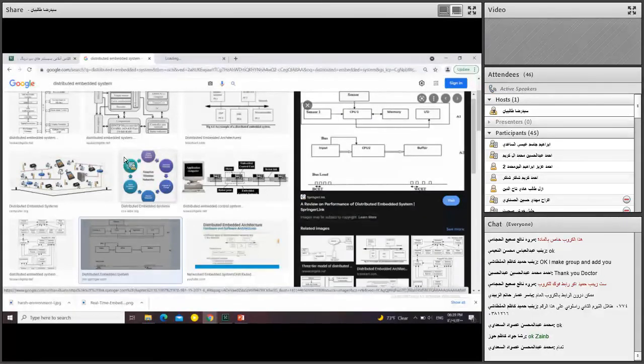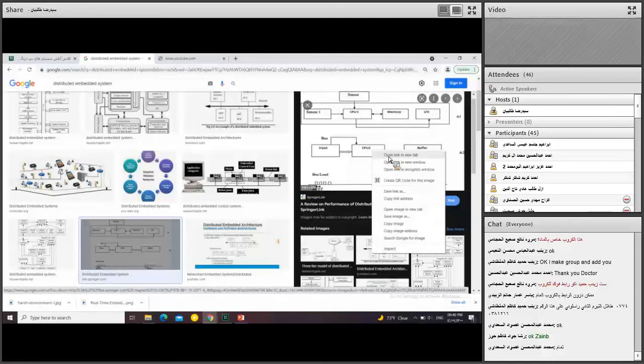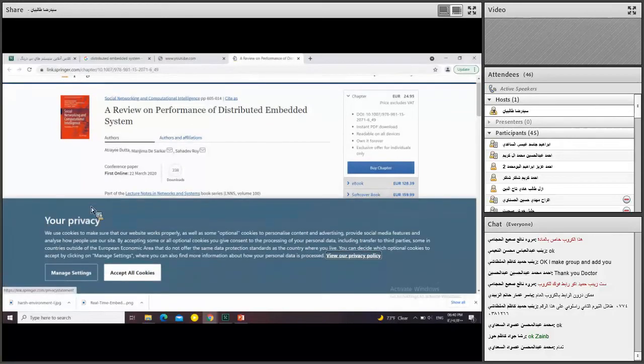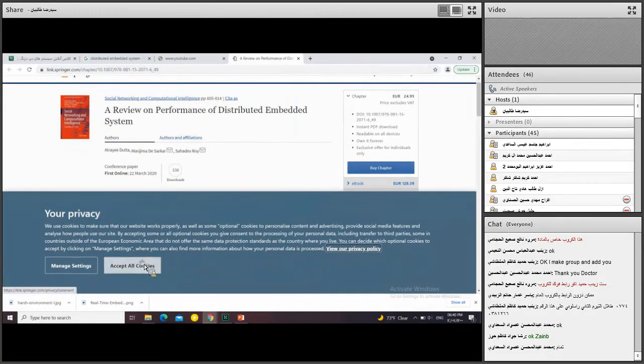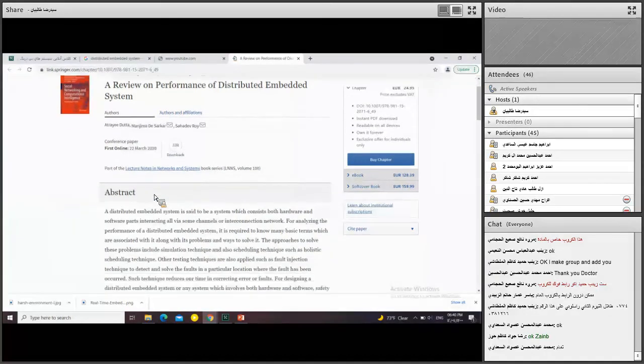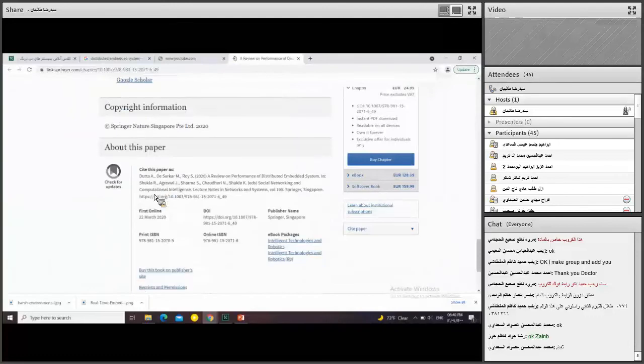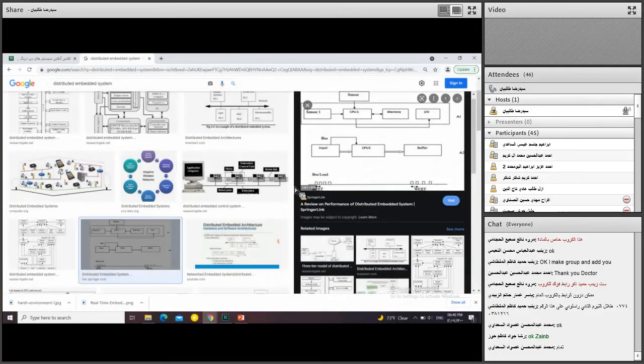It is very small. I can find a figure, it can be good. This figure is good because it is about a review on performance of distributed embedded systems.